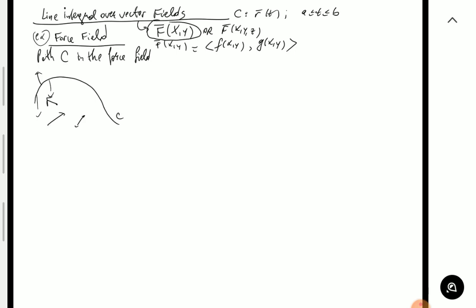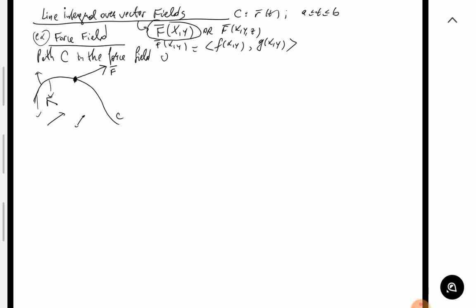That force field is given by the vector field F of x, y. And you have this path, and then you have an object moving along this path. Let's say the object is over here at this point, and right at this point, the force field acts this way. So this is big F acting on that point.